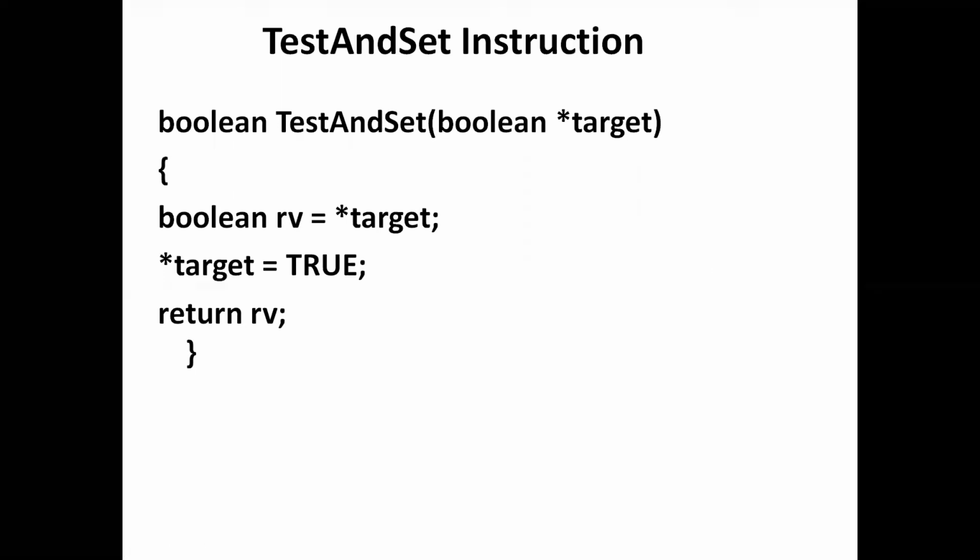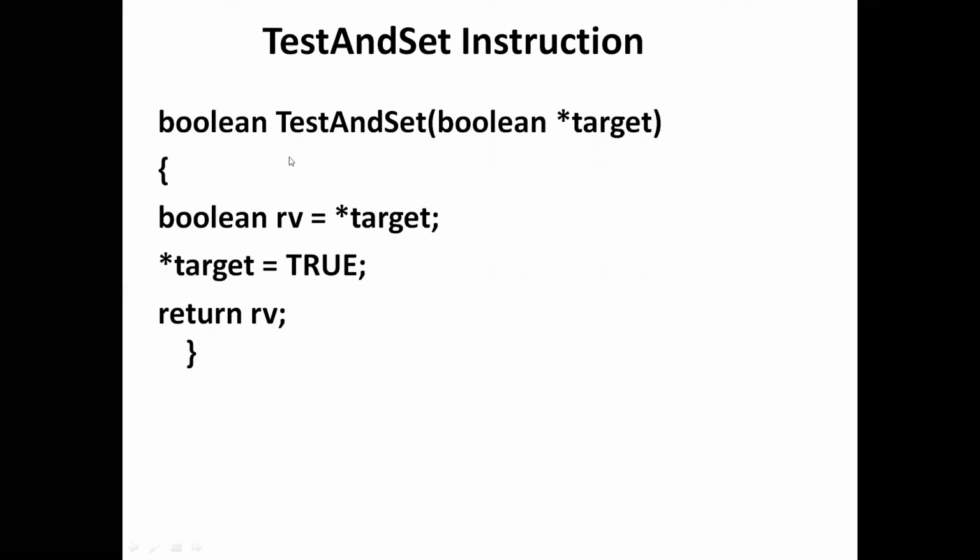The test and set instruction is a special kind of instruction to solve the critical section problem, and it is a simple way of solving it. Test and set is of boolean type.